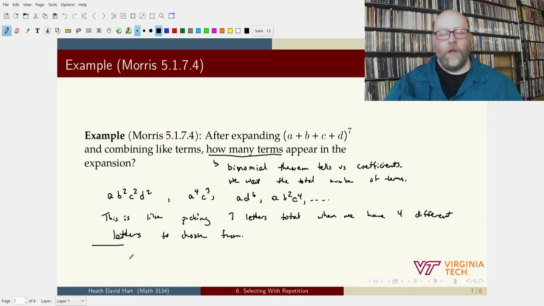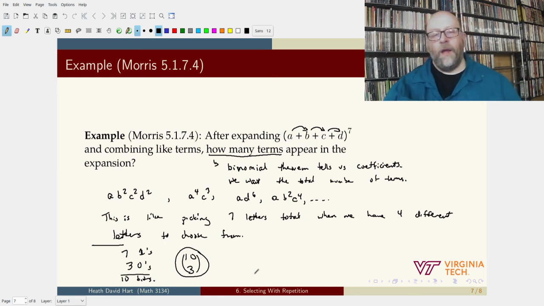And so that's 7 ones and 3 zeros. A 0 to transition from A to B, from B to C, and from C to D. And so that would be 10 bits in our binary strings. And so 10 choose 3. So that's a lot of terms, but that's how many different terms would appear in the expansion.